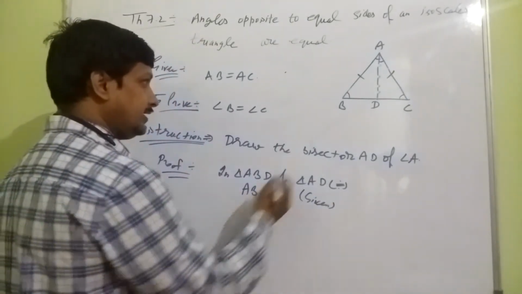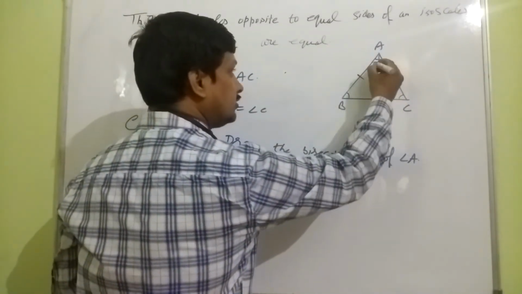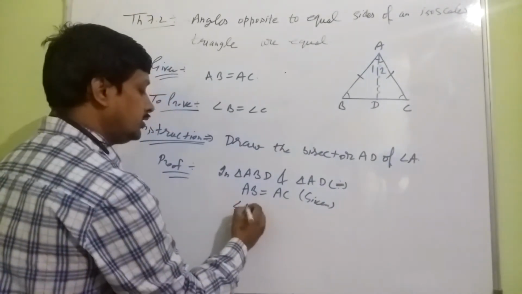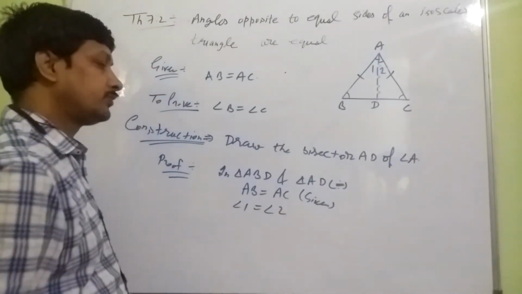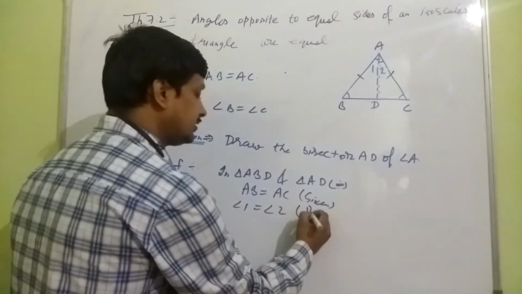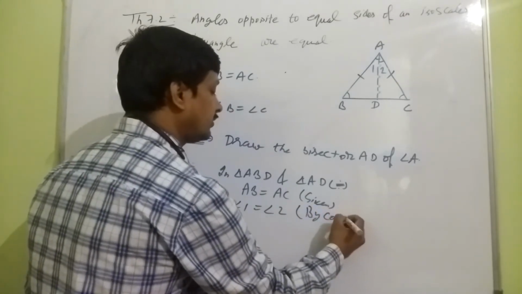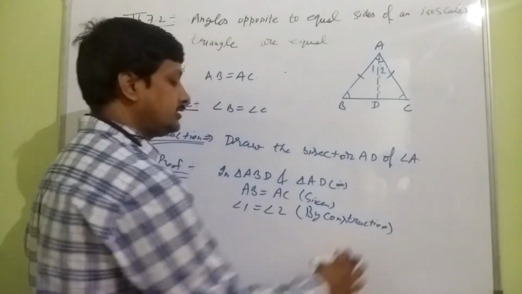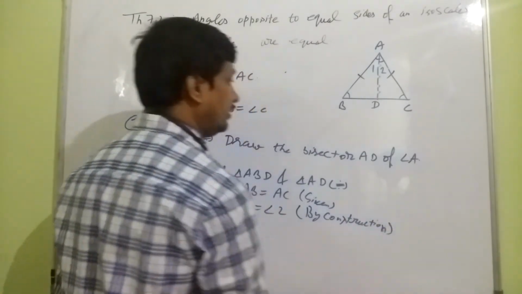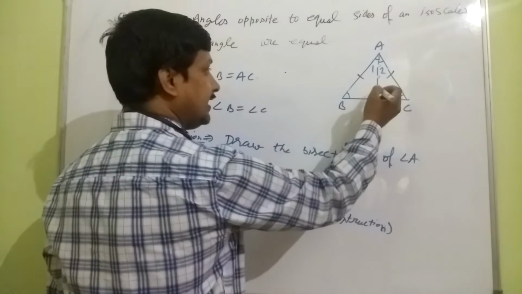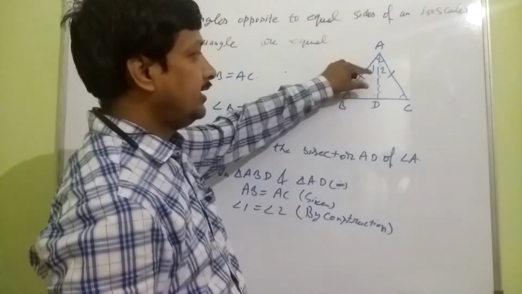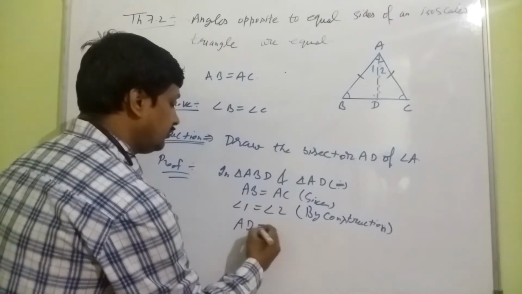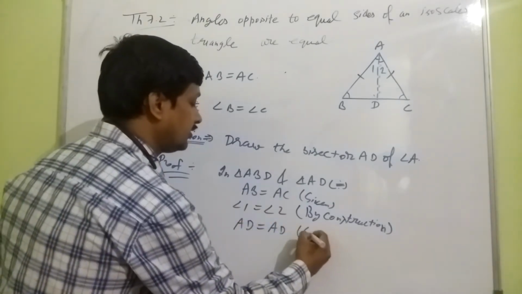Let us consider this angle to be angle 1 and this angle to be angle 2. So angle 1 equals angle 2 by construction. The third thing is that side AD is in triangle ABD and also in triangle ADC. So AD equals AD, it is common.